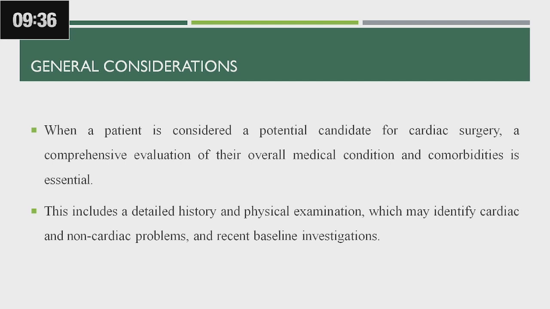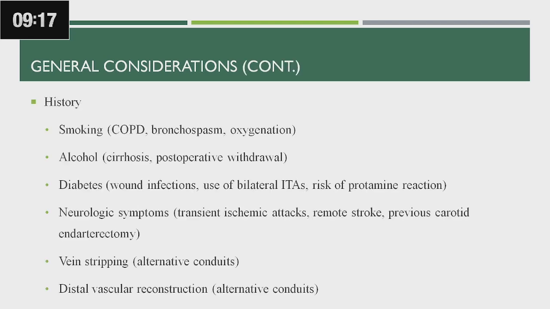When a patient is considered a potential candidate for cardiac surgery, a comprehensive evaluation of their overall medical condition and comorbidities is essential. This includes a detailed history and physical examination, which may identify cardiac and non-cardiac problems, and their recent baseline investigations. We look for a brief history.